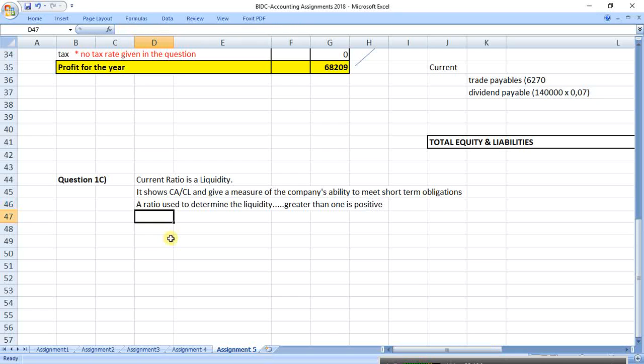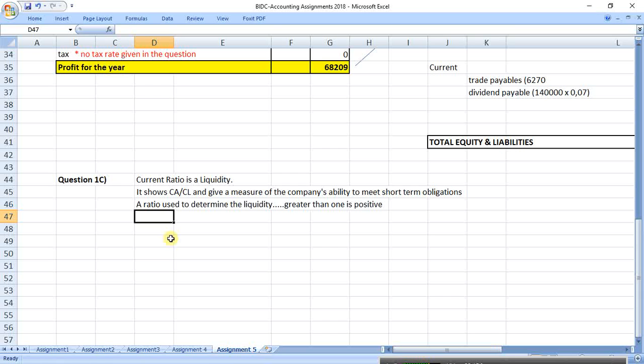Okay, and then we just need to define how to read or interpret it. So a ratio that's greater than 1 is positive. Okay, it's good. That represents good liquidity, because numerator bigger than denominator.